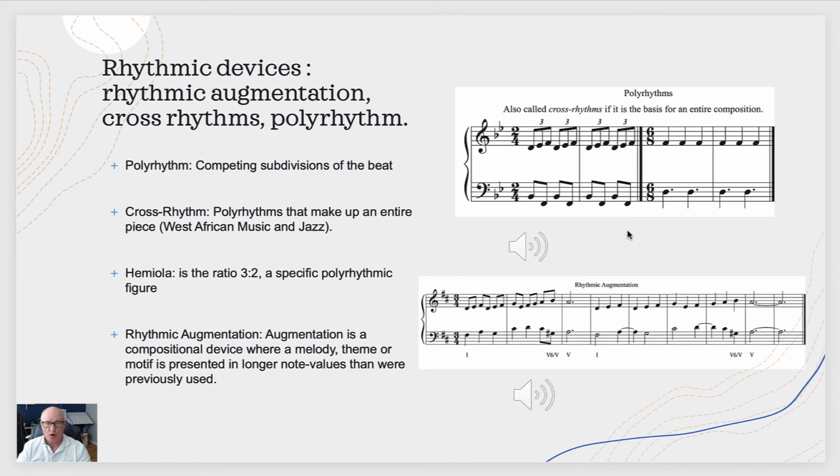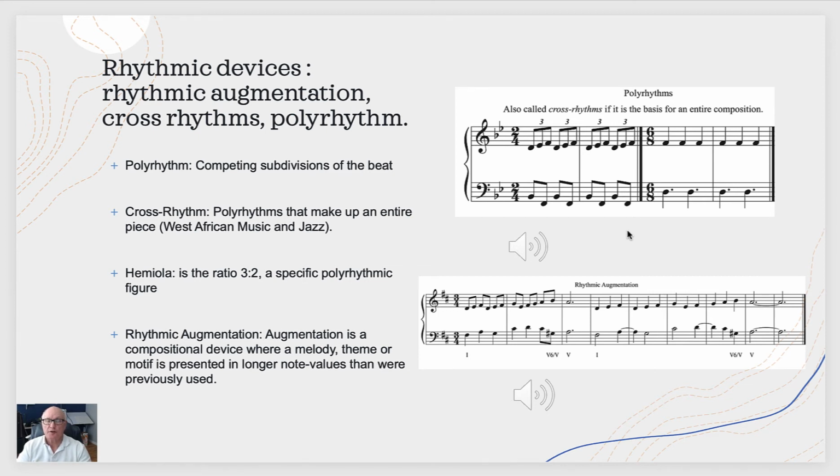So you'll notice that it sounds a little disjointed. Now, if it's a cross rhythm, it's that, but it makes up an entire piece. Now, this is true in West African drumming and in jazz quite frequently, and in a lot of classical pieces where tremendous experimentation was done, mostly in the latter part of the 19th century, early part of the 20th century. So they're very related to each other.